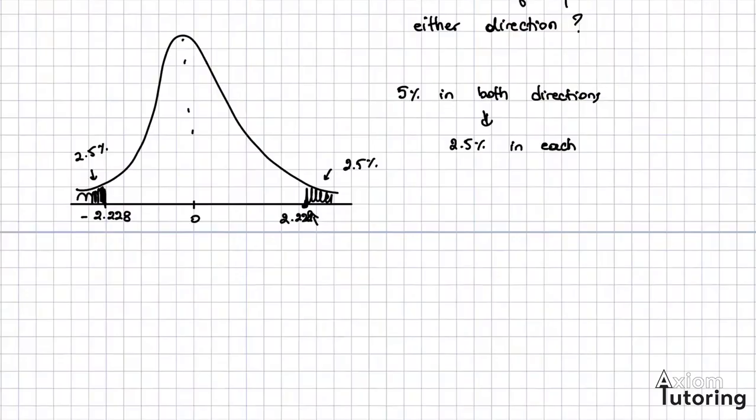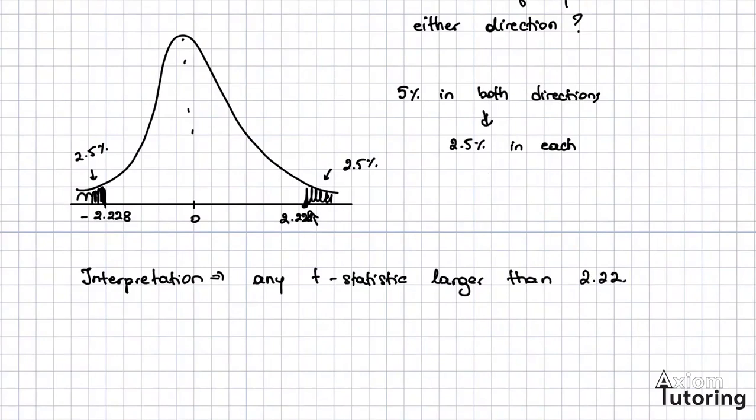So interpretation: any t-statistic larger than 2.228 in absolute value is considered too extreme.